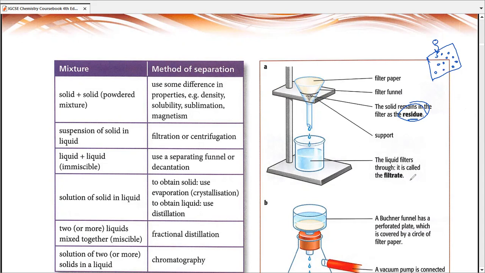So the liquid usually passes through, and if it was a case with water, water would easily pass through the filter paper. Anything that is soluble in water will also be able to pass through the filter paper. Anything insoluble will not be able to pass through. For example, let me clarify.